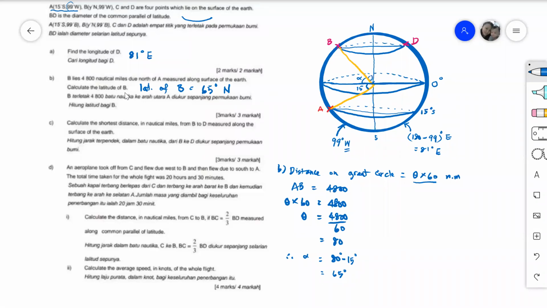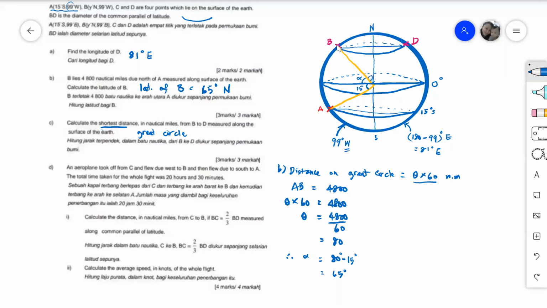Now part C. Calculate the shortest distance in nautical miles from B to D. So B is here, D is here. That is measured along the surface of the Earth. Now, the shortest distance, this is another concept that you need to know. The shortest distance can be obtained when the object travels around the great circle.